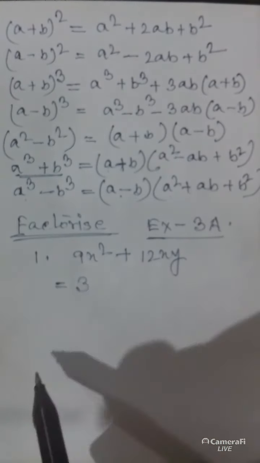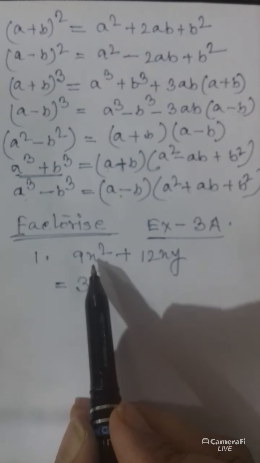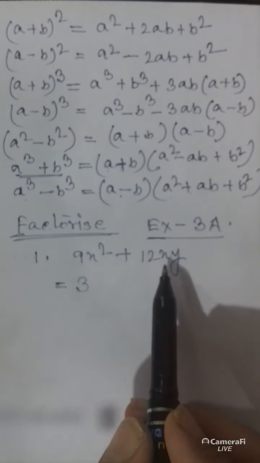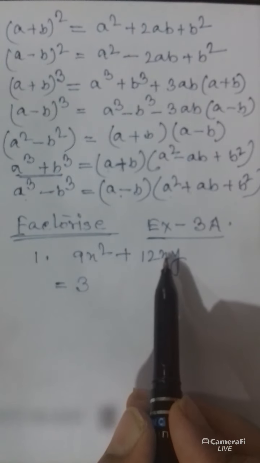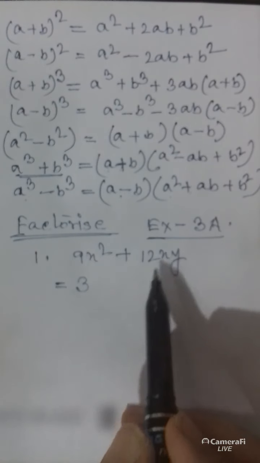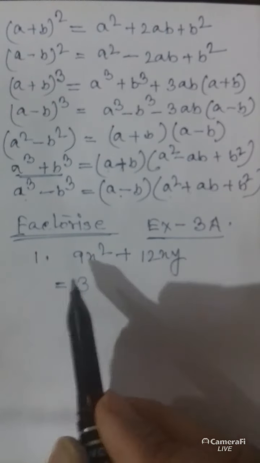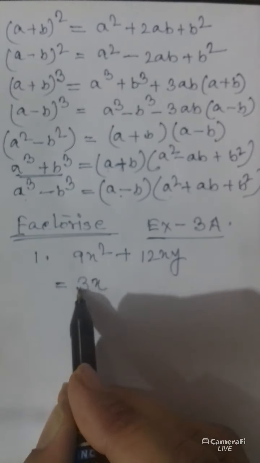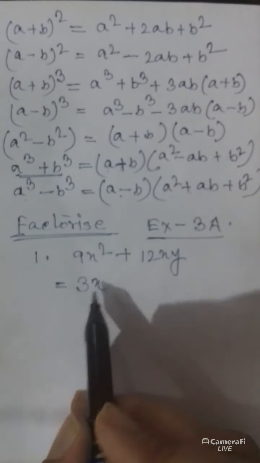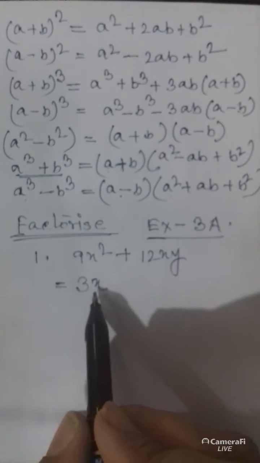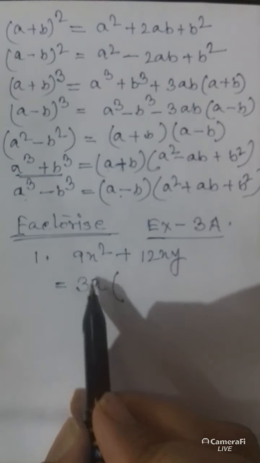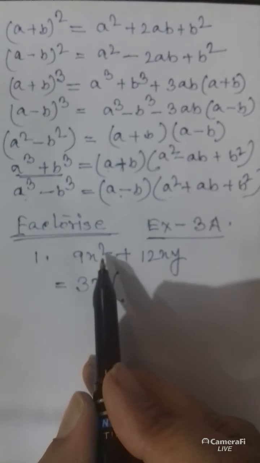Then 3 is common. And here the power of x is 2 and here the power of x is 1. So what is the HCF of x square and x? x. So 3x is common.